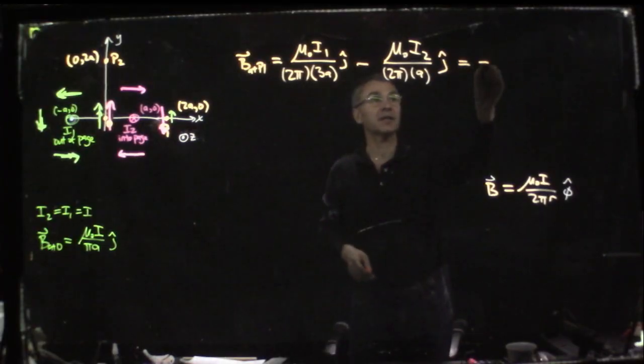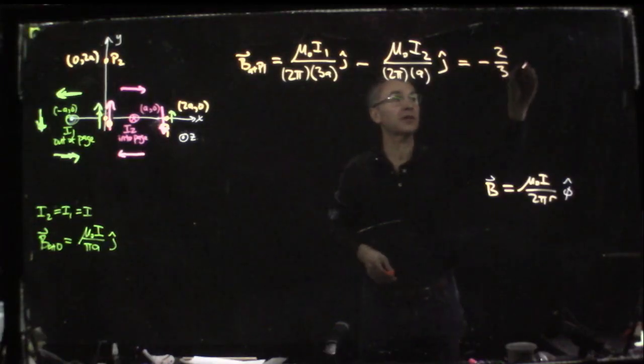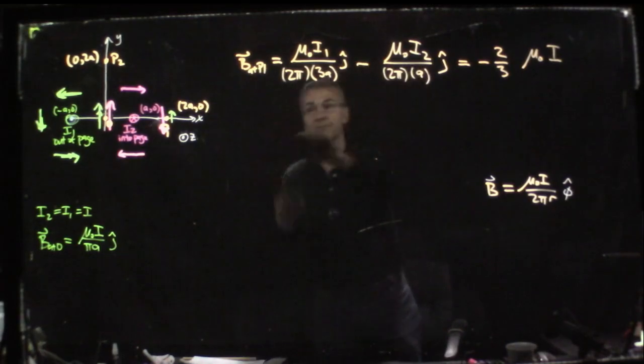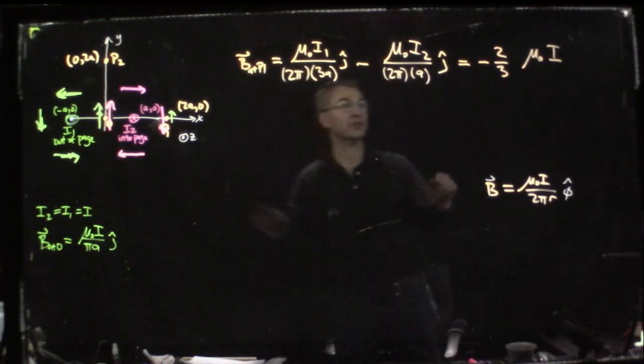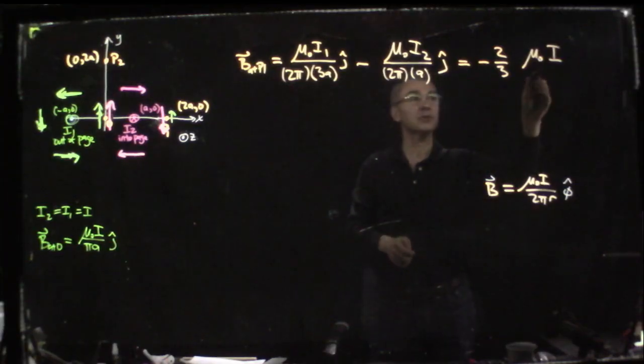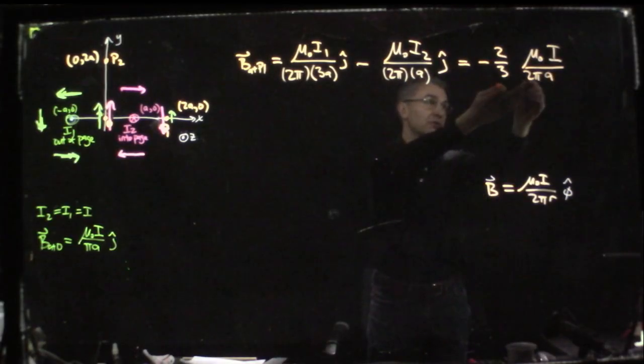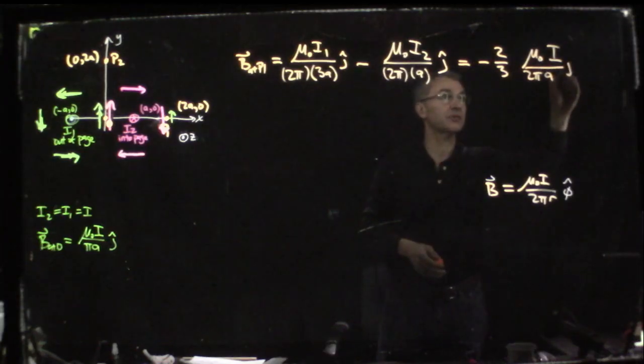So it's going to be minus 2/3 of mu naught. Okay, this is for I1, again, I2 equals I1 equals I, same magnitude. So there's mu naught I over 2 pi a, 2/3 of that, so the 2 cancels and we get a 3. There's j hat.